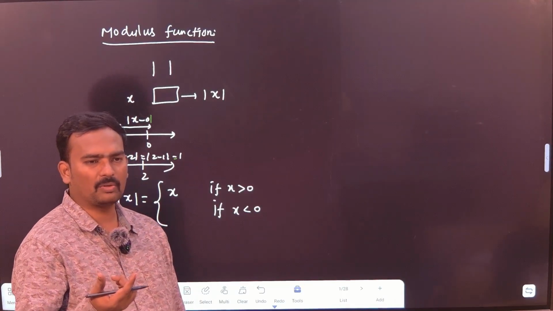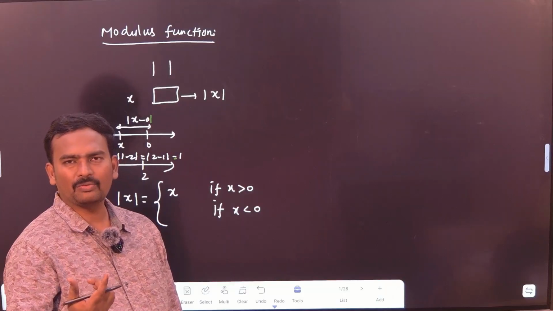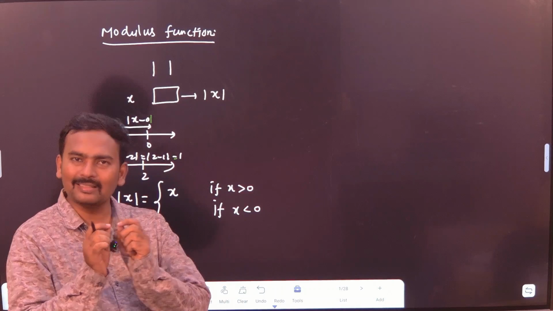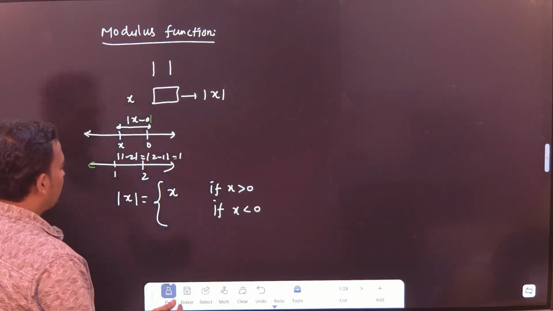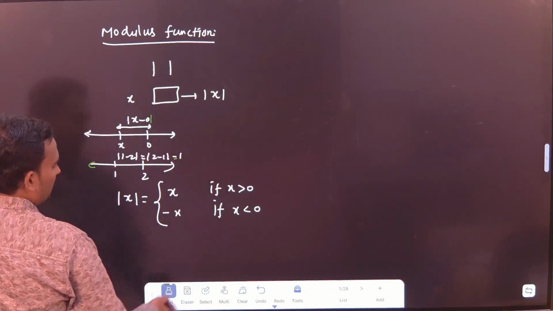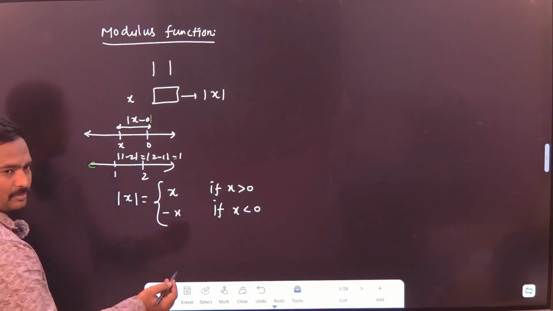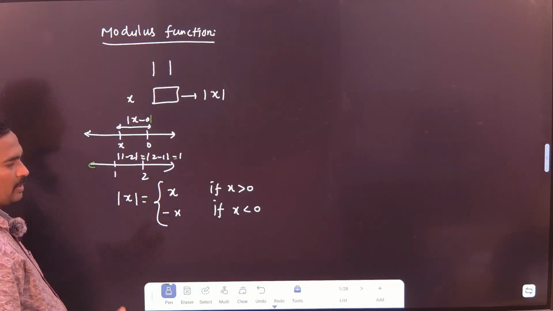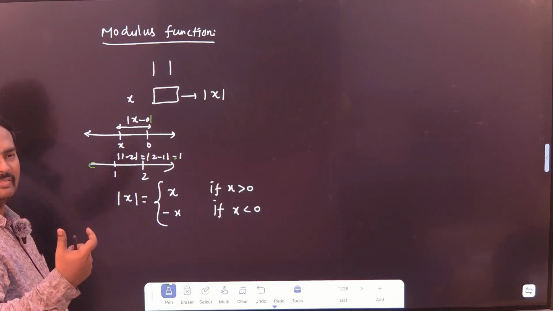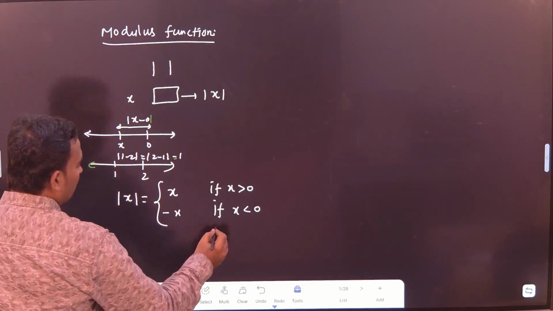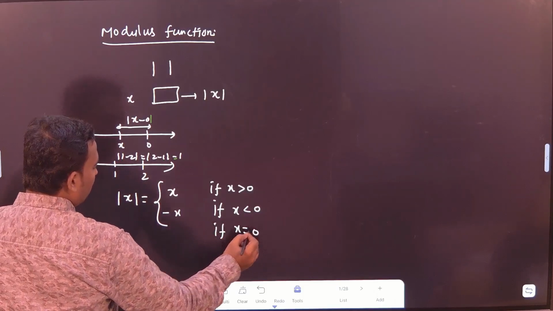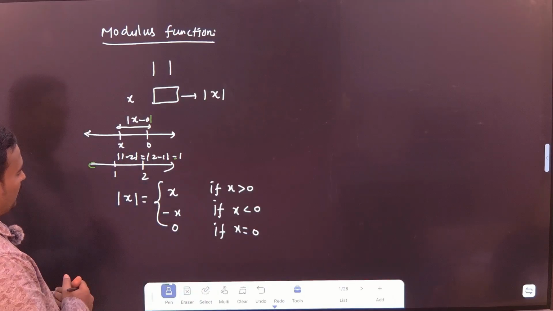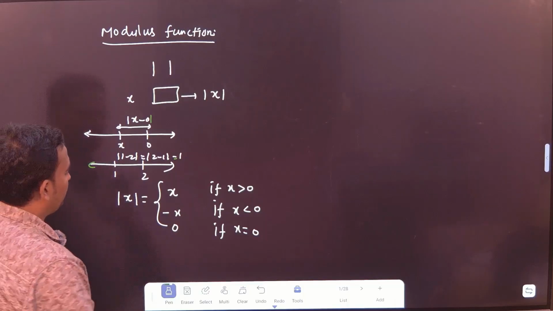Mod minus 1 will be minus of minus 1, because the modulus job is length, and length cannot be negative, right? So you can say minus x, because you are taking x value as negative. For example, x is minus 1, minus of minus 1 is plus 1. The modulus job is converting negative into positive. If x equals 0, it is 0. Clear?